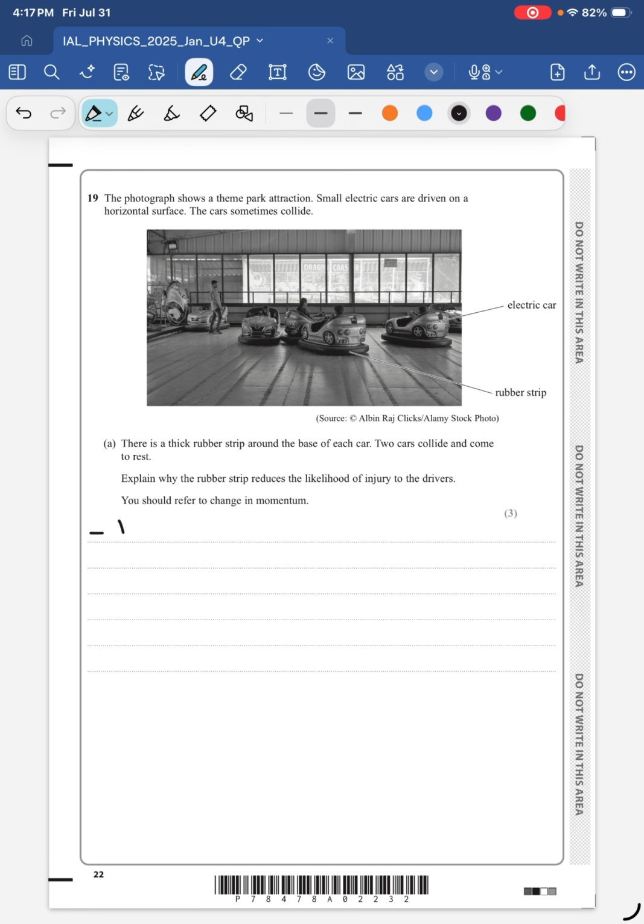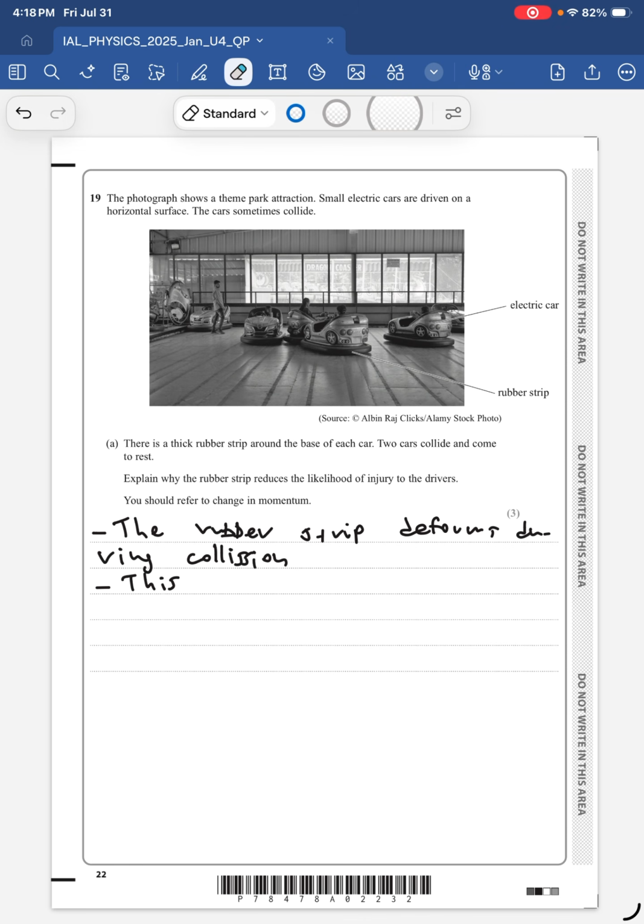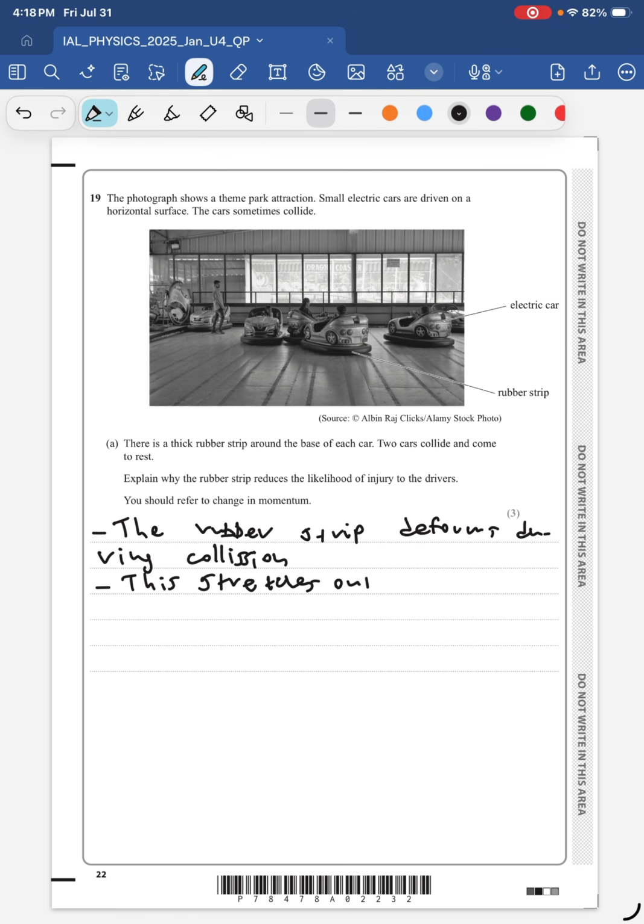So the rubber strip squashes and deforms during the collision. This stretches out the collision time.